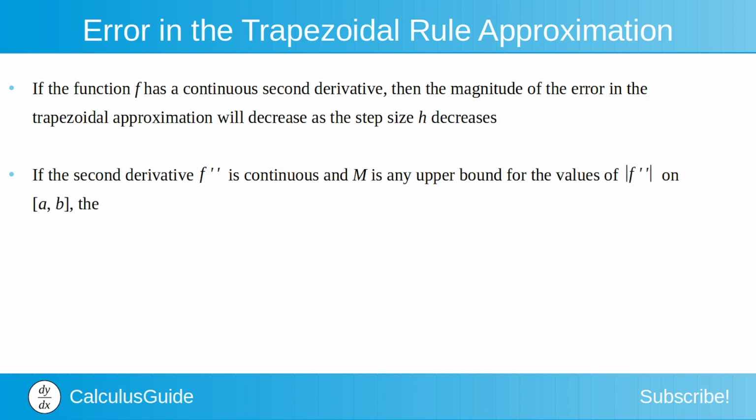If the second derivative f double prime is continuous, and m is any upper bound for the absolute value of f double prime on the closed interval from a to b, then the absolute value of the error in the trapezoidal rule approximation is less than or equal to b minus a over 12 multiplied by h squared multiplied by m, where the step size h is equal to b minus a over n.